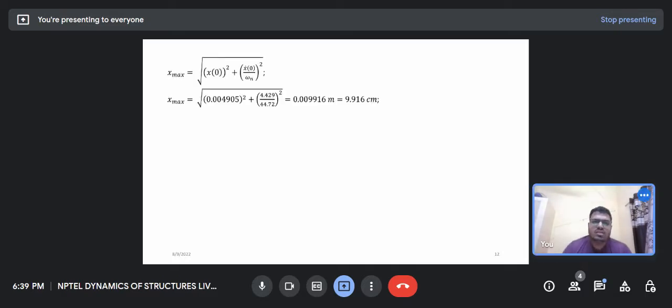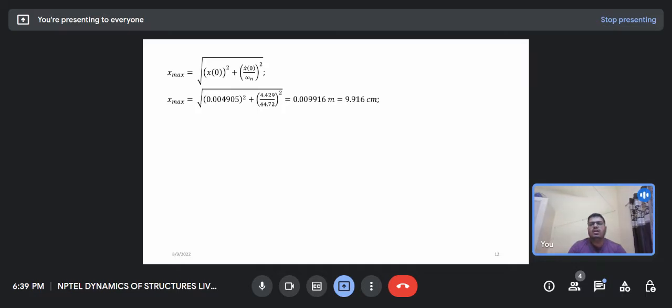Okay, that is 9.9 centimeter. Now the next part is you have to calculate the maximum acceleration. If you have been given the maximum deformation, you can directly calculate the maximum acceleration. Do you know how to calculate the maximum acceleration?